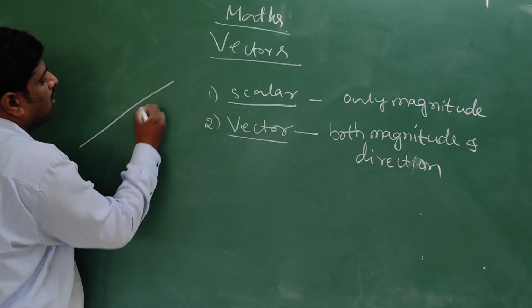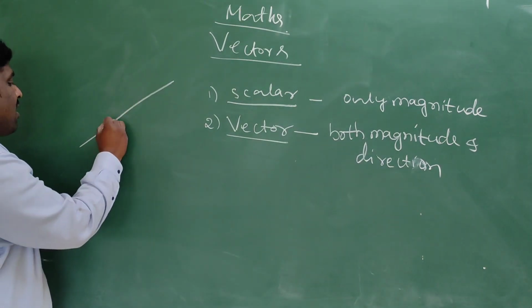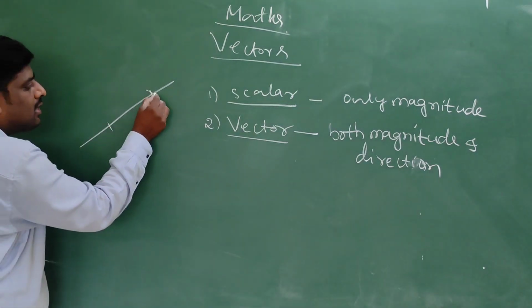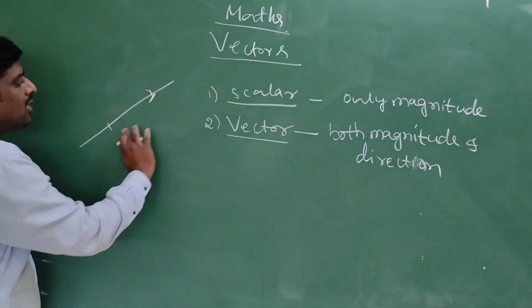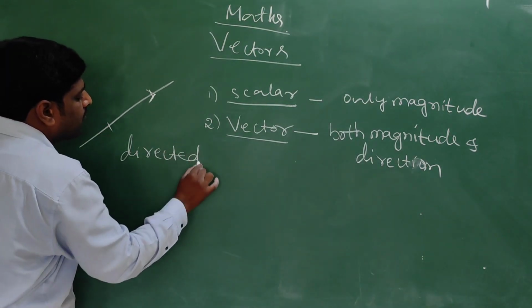Suppose I take this line and cut one segment of it. This is a line segment. This line segment has direction, that's why it is called a directed line segment.